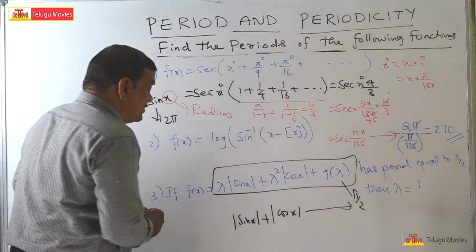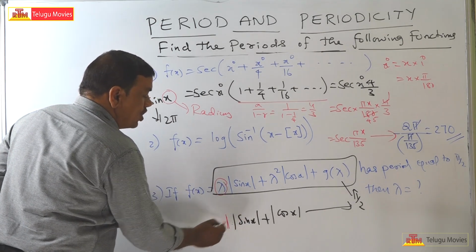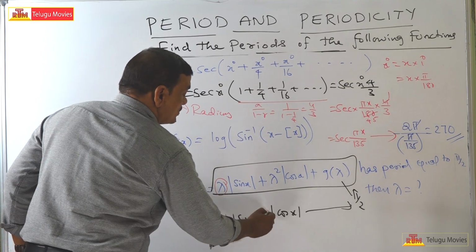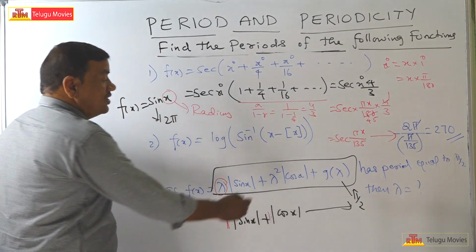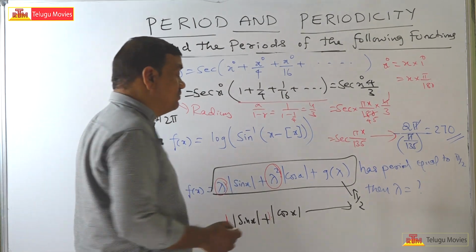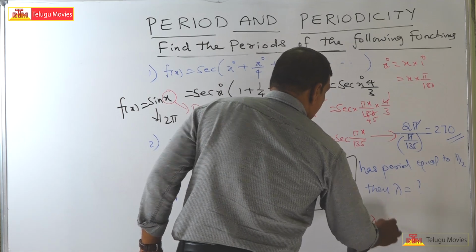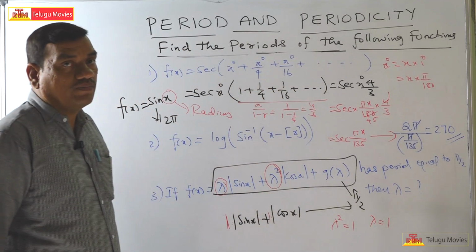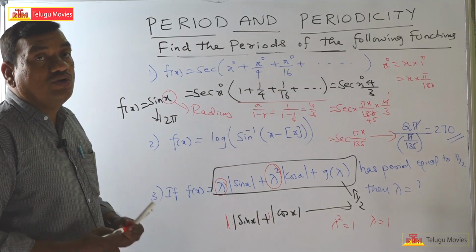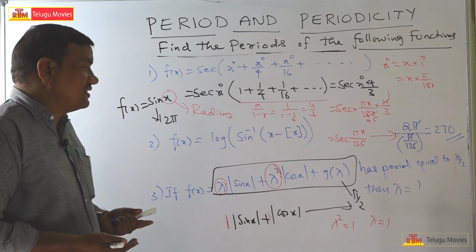Therefore, see here, the modulus of sin x coefficient is equal to how much? 1. The modulus of cos x coefficient is equal to how much? 1. Therefore lambda and lambda square must be equal to 1.